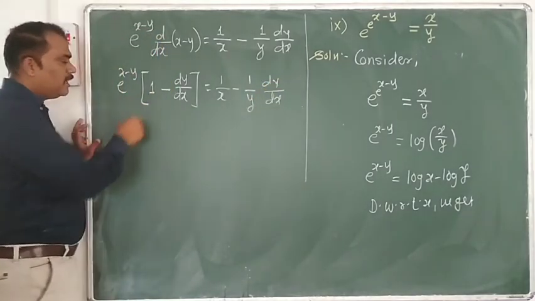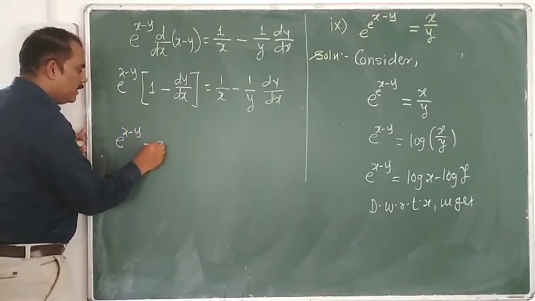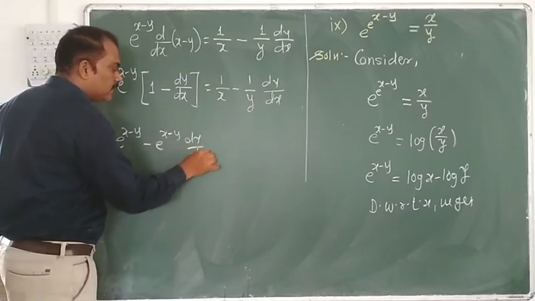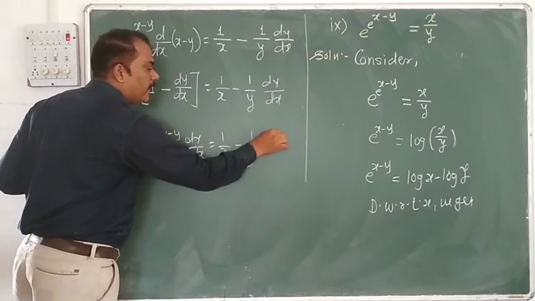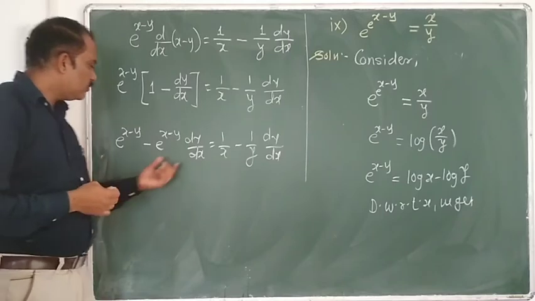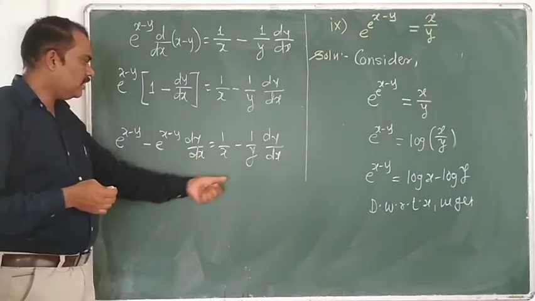If we multiply inside the bracket, we get e raised to x minus y minus e raised to x minus y into dy by dx is equal to 1 upon x minus 1 upon y dy by dx. Now we take all the terms which contain dy by dx on the LHS and the non dy by dx term on the RHS.